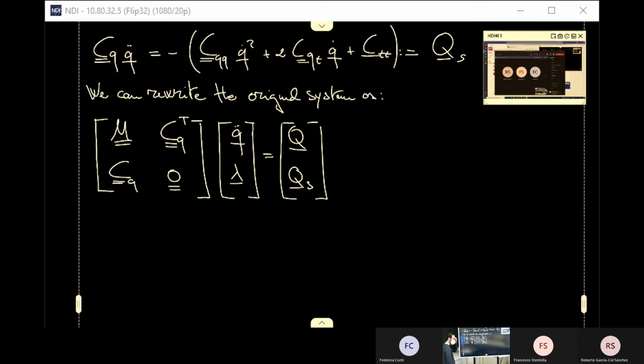No more algebraic equations. Why is this done like this? Because you can solve this through the inversion of this matrix. You put it in a form such that you have to invert this matrix, apply it to this vector, and you get your solution.